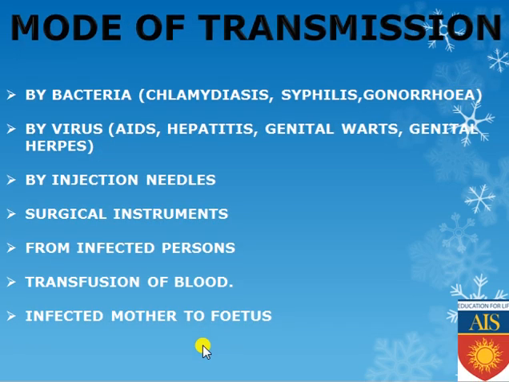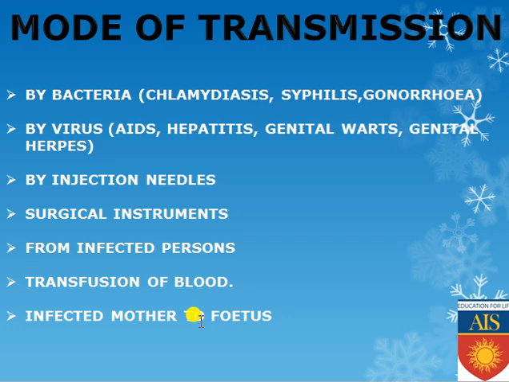Now the point is mode of transmission, that means how these STDs are getting transmitted. First of all, obviously the diseases can be transmitted by the help of bacteria, and those kinds of diseases are chlamydiasis, syphilis, gonorrhea, already I have told. These kinds of diseases can get transmitted by the help of viruses also, for example AIDS, hepatitis, genital warts, genital herpes.